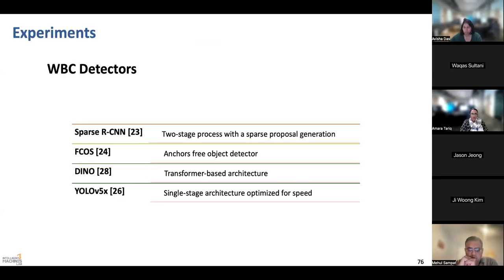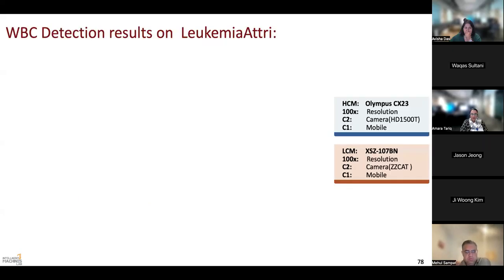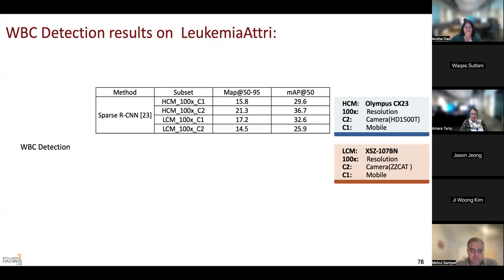For the experiments, we tried different networks, on different microscopes and different resolutions. SCM is a high quality microscope with 100x resolution and the C1 camera. C1 is the mobile camera, and C2 is the high quality camera, and LCM is the low quality microscope, 100x, and mobile camera, and vice versa.